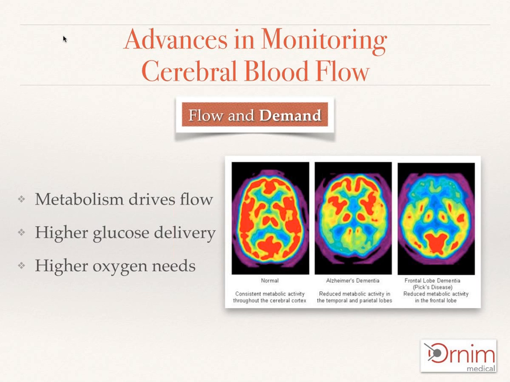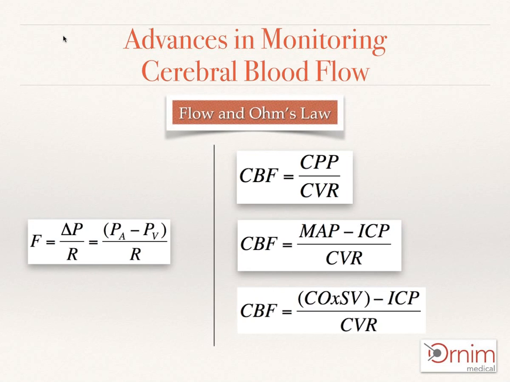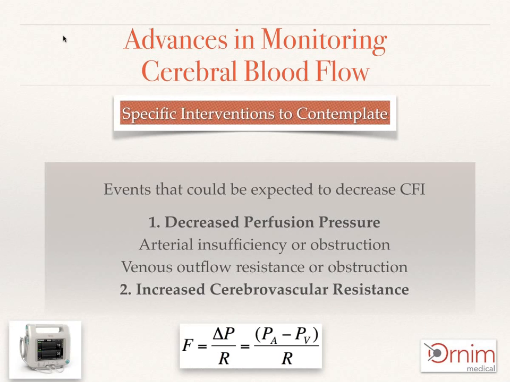Metabolism also does yield higher oxygen needs, and we can distill down flow to essentially changes in pressure over changes in resistance. I'm sure some of this is familiar to many of you, but the ultimate take-home message here is that there are simple concepts that we can distill down when we're thinking about flow as opposed to oxygenation.